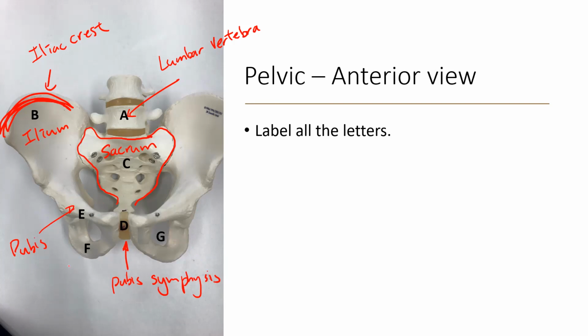F is the third bone. That is the ischium. So ilium, pubis, and ischium form the coxal bone.